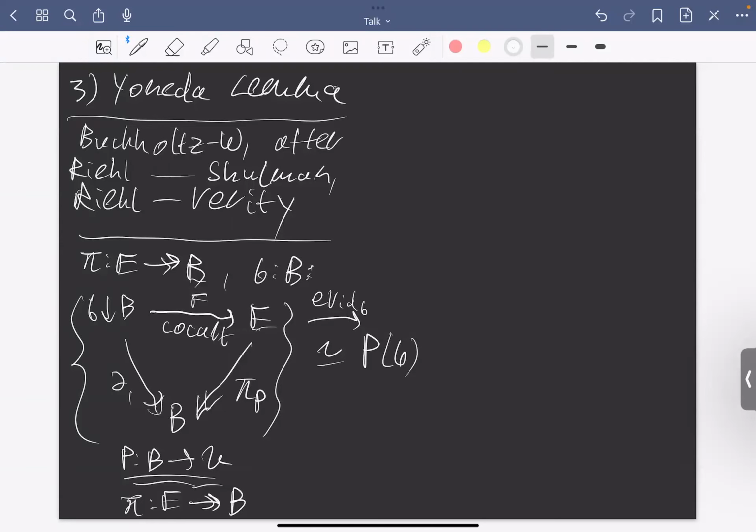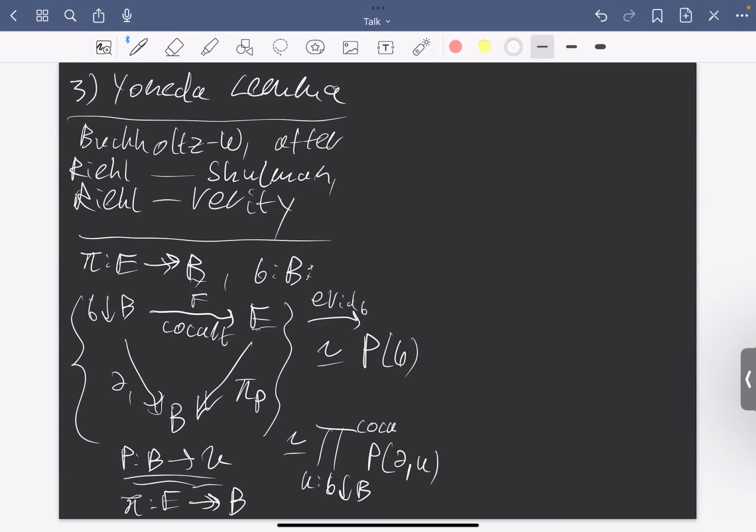But this we can also write equivalently as the type of sections from the comma object to the reindexing of P along the codomain map.